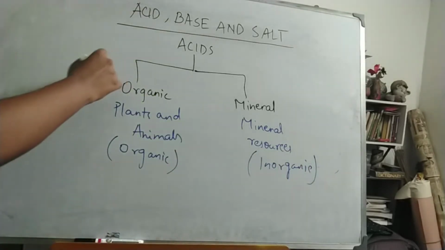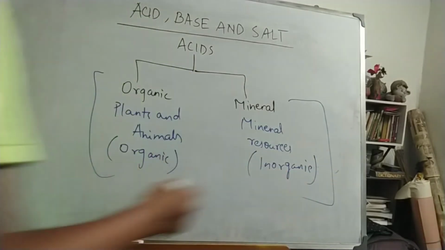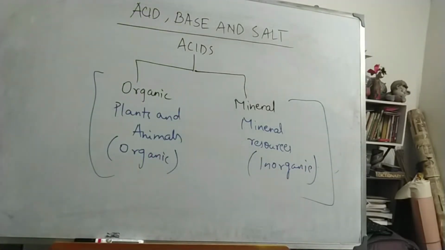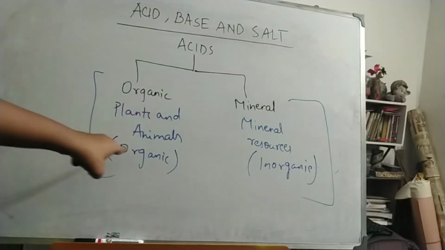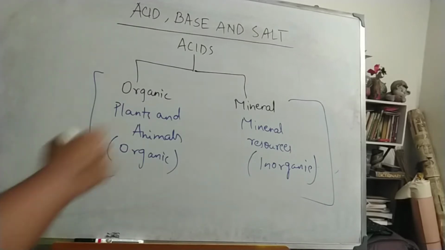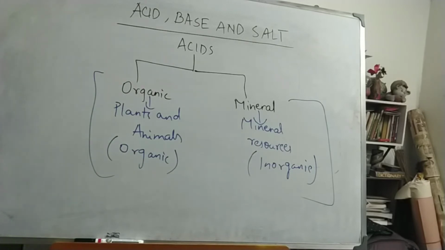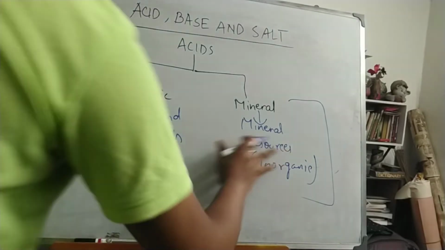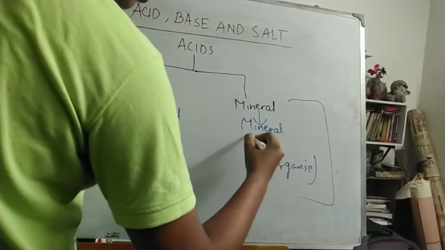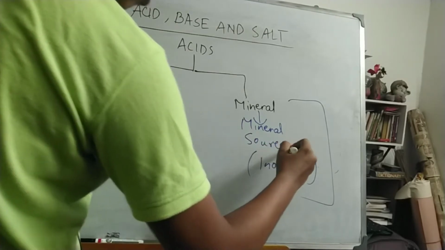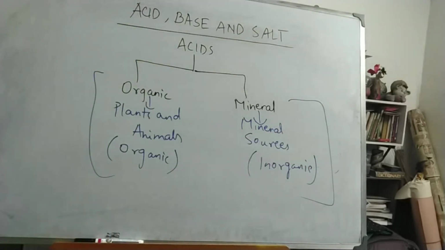So these are the 2 types of acids, mineral acids and organic acids. Plants and animals means organic, and mineral means from mineral sources. Organic and mineral done.